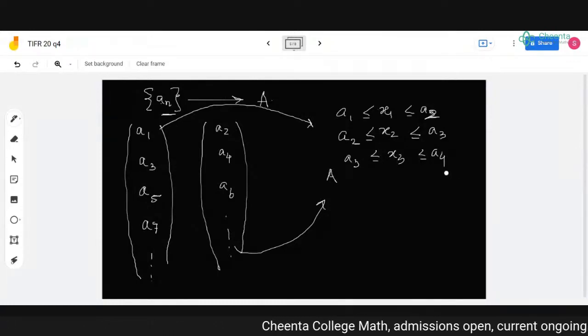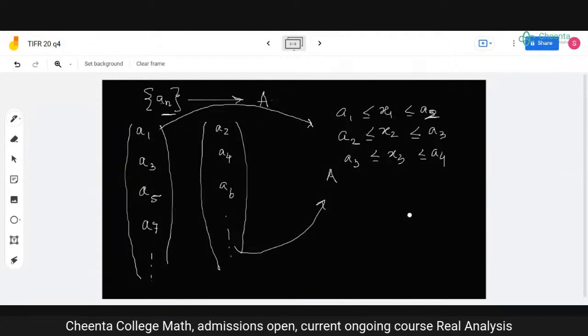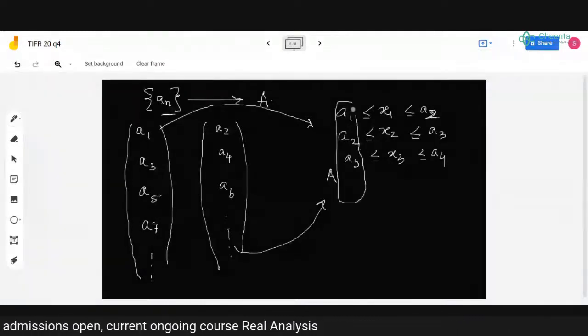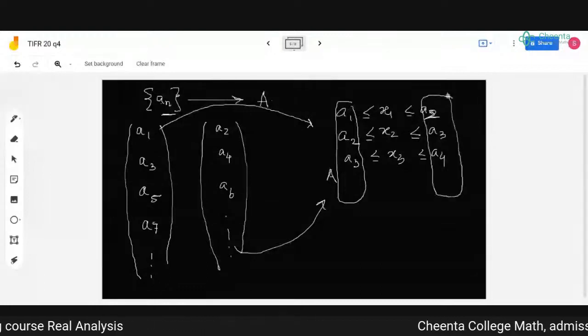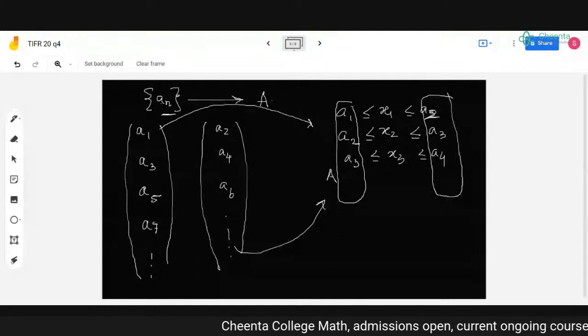It goes on like this. Okay, so what happens precisely? We have a subsequence like this here, and another subsequence like this.